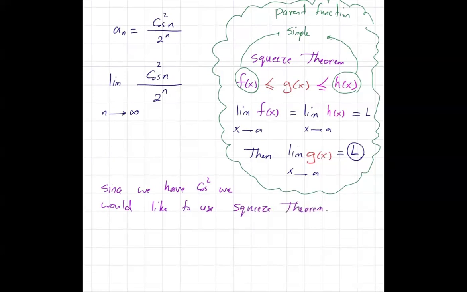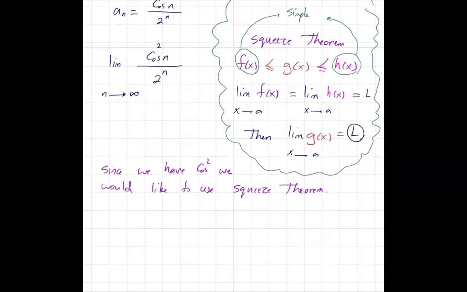Because you already know the lower bound and upper bound of this function. Cosine squared of n is bounded between 0 and 1.